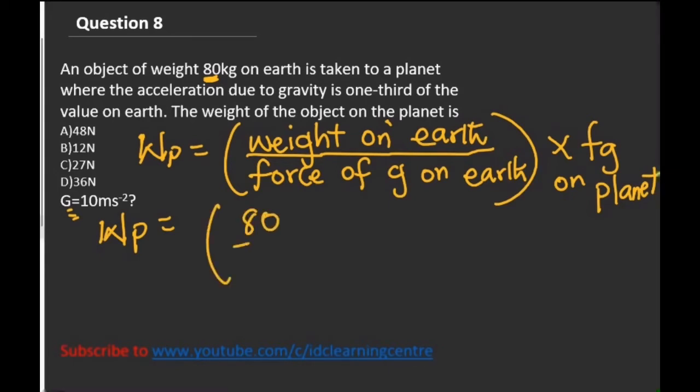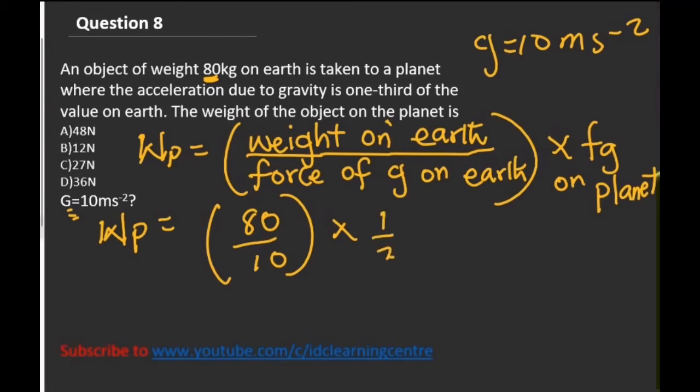This will give me 80 divided by the force of gravity on Earth, which is a constant, 10 meters per second squared. Now, times the force of gravity on the planet. In the question, it is 1/3 of the value on Earth. So this will be 1/3 times 10.